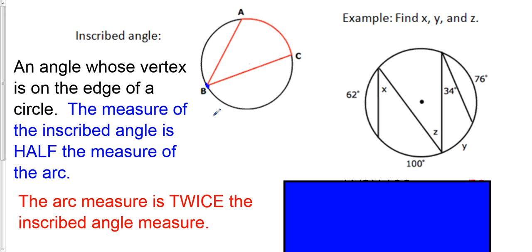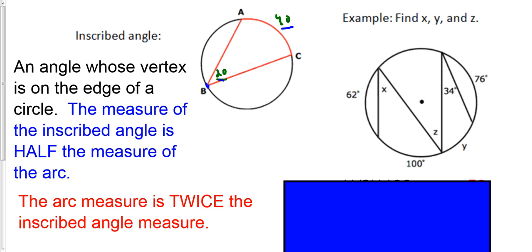If the inscribed angle is half of the arc, then the arc is twice the inscribed angle. So if this was 20 right here, twice that, this would have to be 40. It depends on your reference point. If you're looking at this one first, then you double it to get this. If you're looking at this one first, you take half of it to get this.